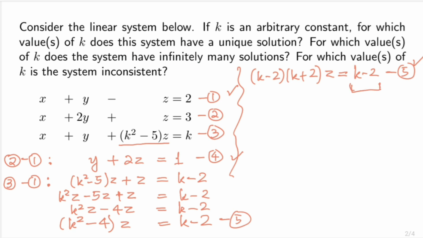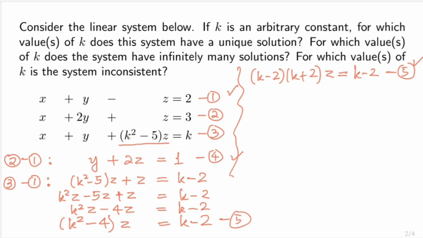Because when this side of the equation is 0, we need this side also to be 0. Otherwise, our system is going to be inconsistent. Whatever value we have on the right side, we must have the same value on the left side. Otherwise, our equation is going to be inconsistent. So let's see how we can use that idea.